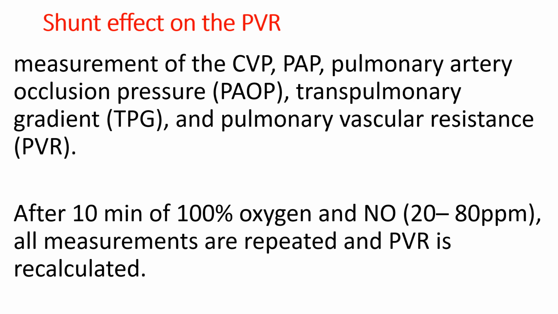So either left to right shunt with only high pulmonary blood flow, which is the case of ASD, or a patient who has a VSD or PDA or truncus arteriosus, and the pulmonary circulation is exposed to high pulmonary blood flow and also exposed to high pressure from the left ventricle or the aorta.